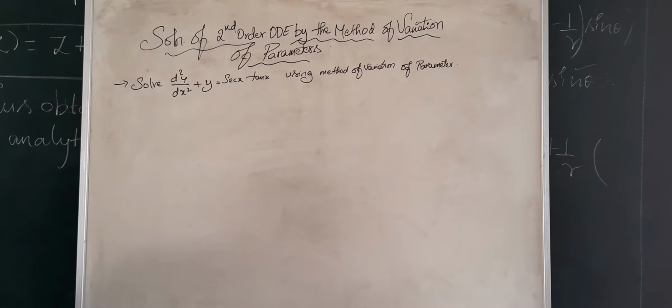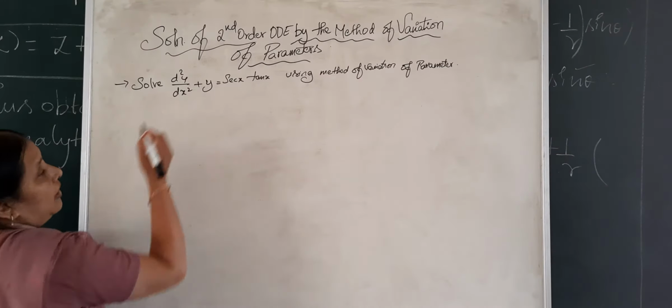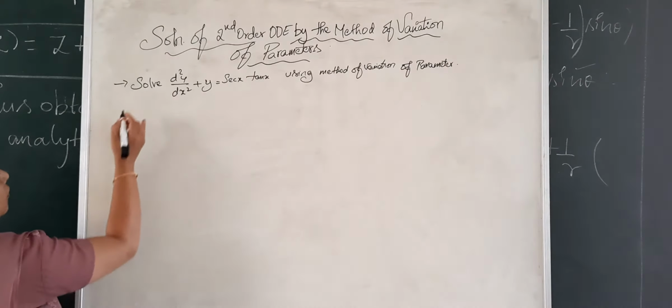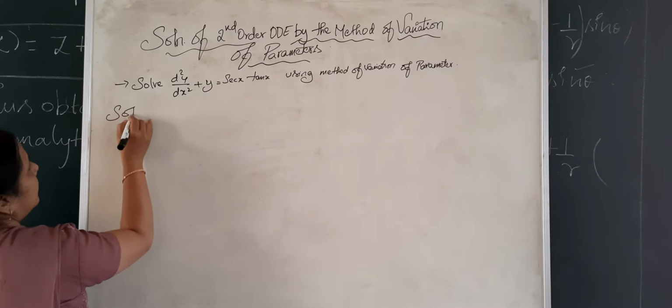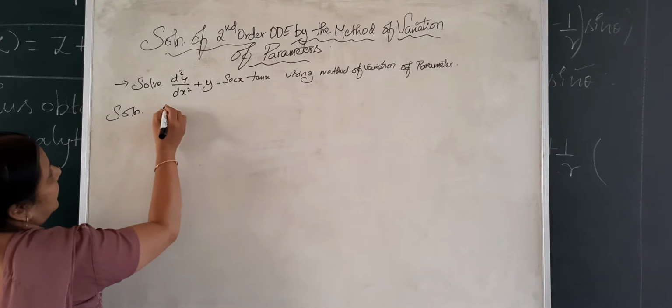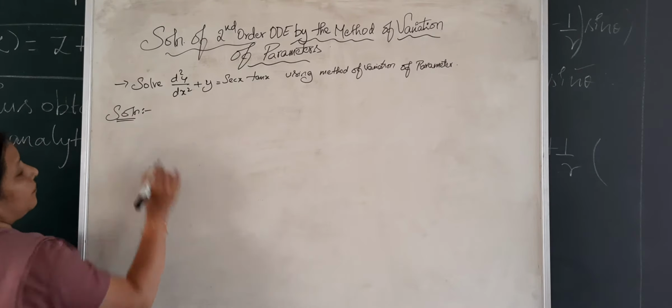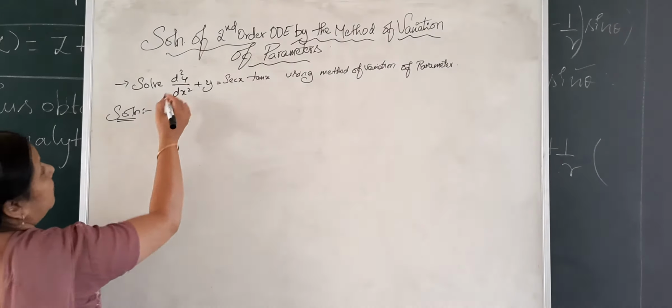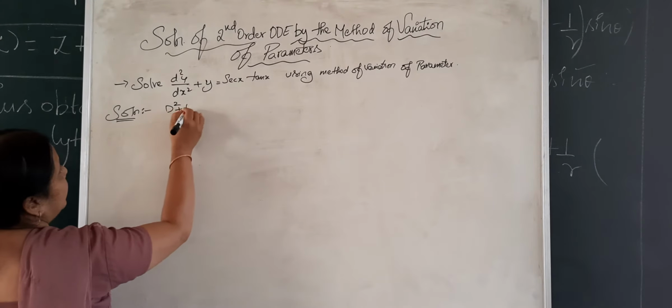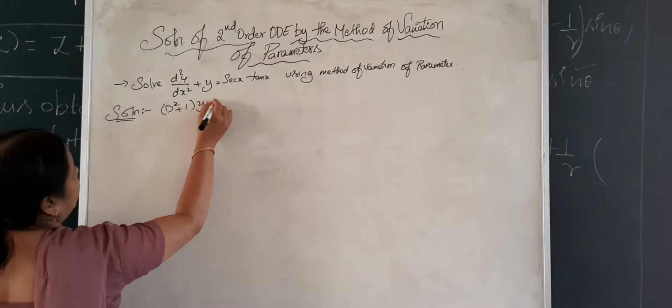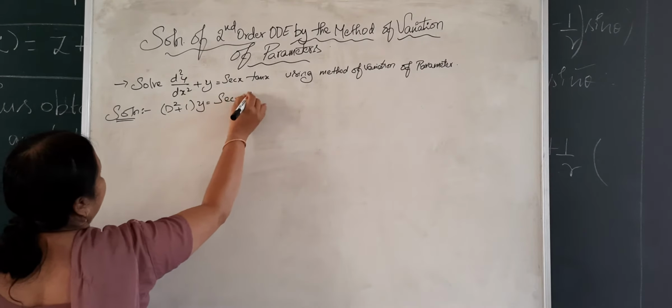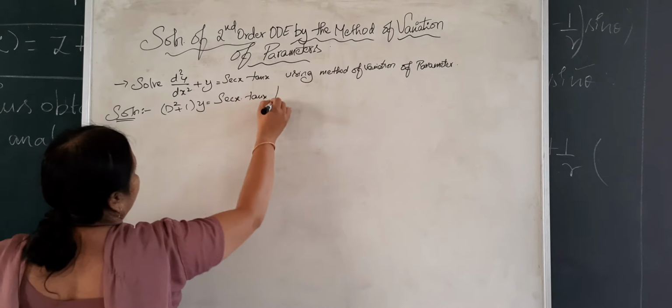So let us see here. First, you have to find your CF as I told you. To find the CF, let us write it in the operator form, that is D square plus 1 times y is equal to secant x tan x. What is our capital D here?